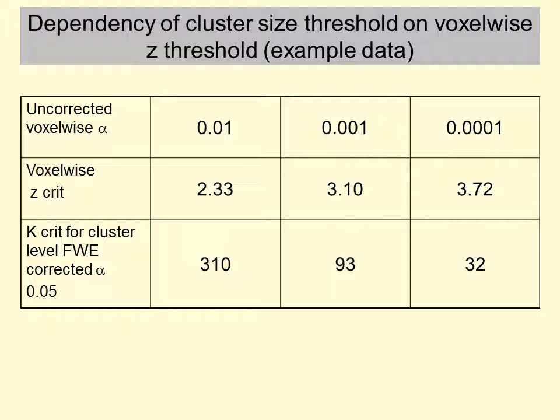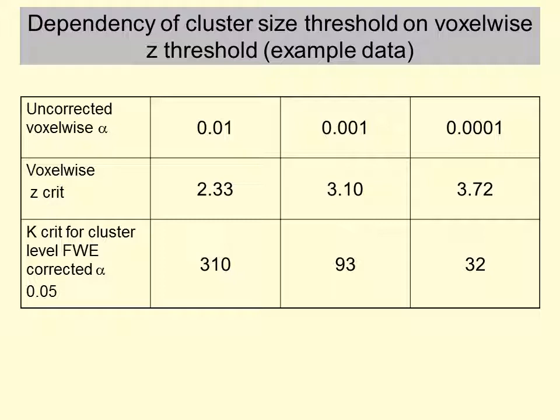So if we choose an initial voxel-wise alpha of 0.01 corresponding to a Z value of 2.33, then because that will send forward more clusters, the critical value for a cluster, in order to get only a 5% chance of one of those clusters being a false positive, is that the clusters have to consist of 310 voxels or larger, so they have to be big clusters.